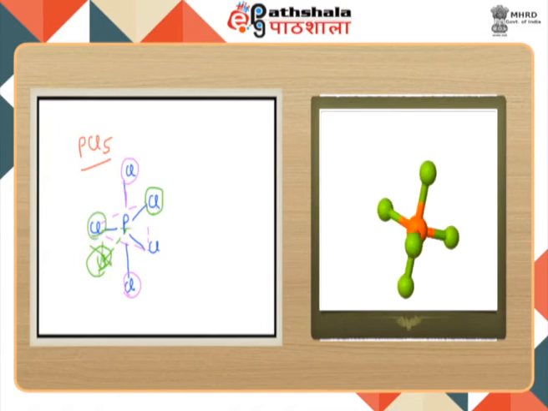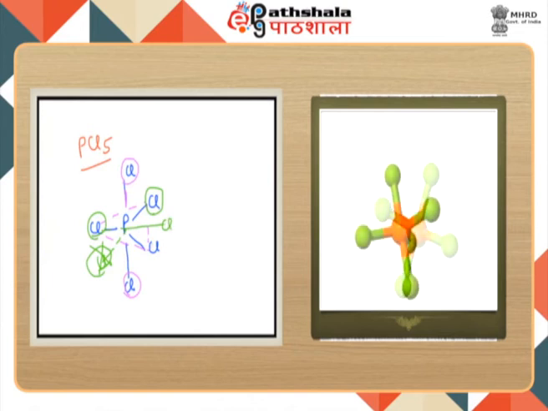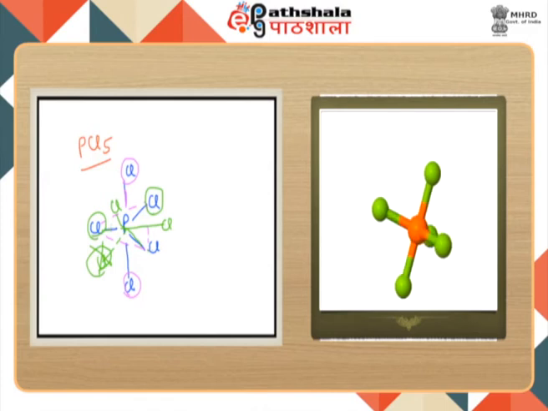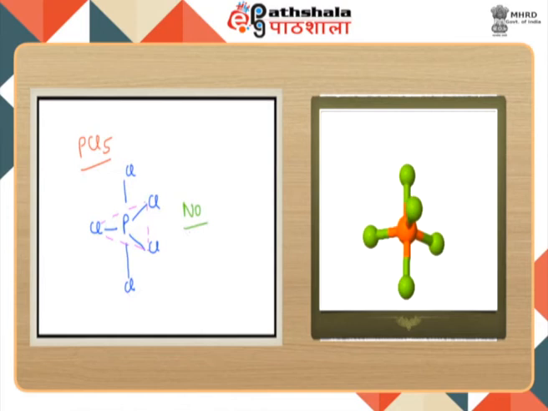Similarly, for this chlorine there should have been another chlorine here, and for this chlorine there should have been another chlorine here, and all this is not true. What we notice is that in this type of trigonal bipyramid molecule like PCl5, there is no symmetry element or point of symmetry.